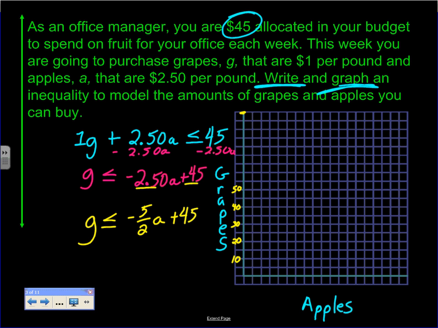And so our first point is placed right there at 45. Now, do you want the amount of apples to go up by 5 also? Apples are a little bit more expensive, so I don't think we have to make those go up by 5. We could probably make those go up by 1.